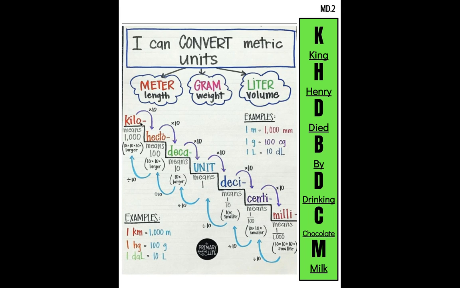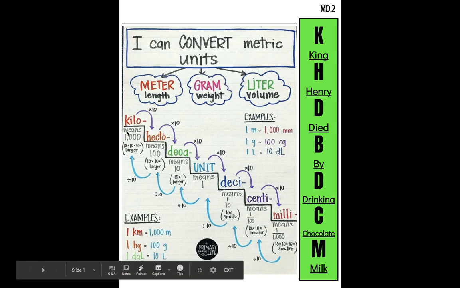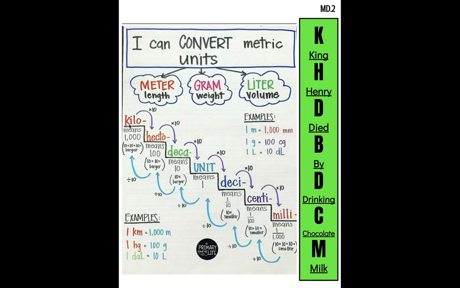So kilogram. If you're trying to figure out how many grams are in a kilogram, kilo means 1,000. So 1 kilogram is the same as 1,000 grams. And I got that because I have 1 kilogram.